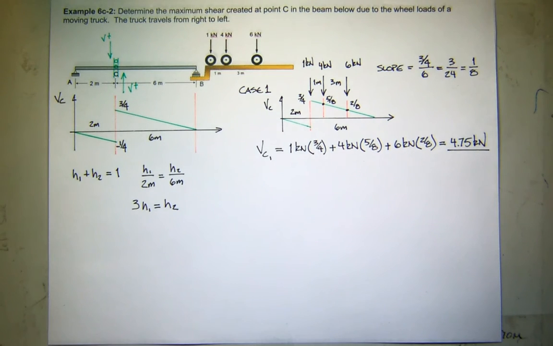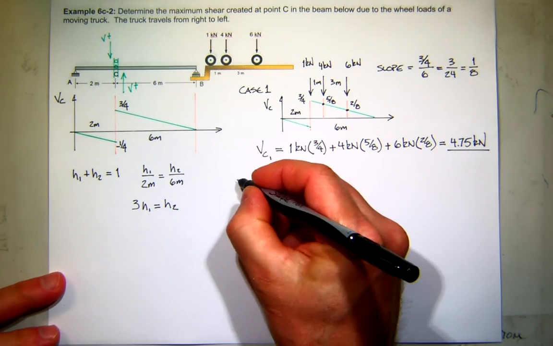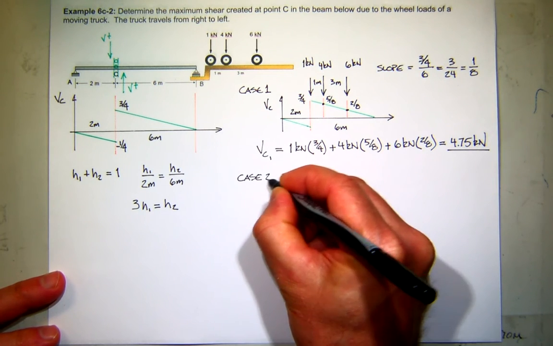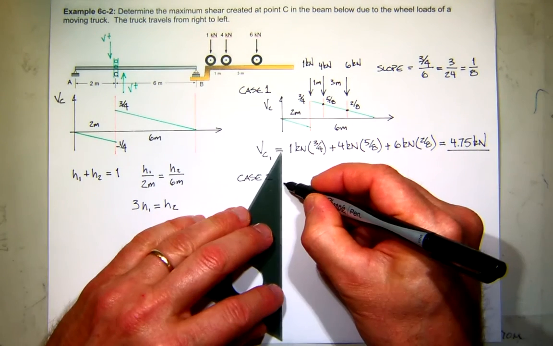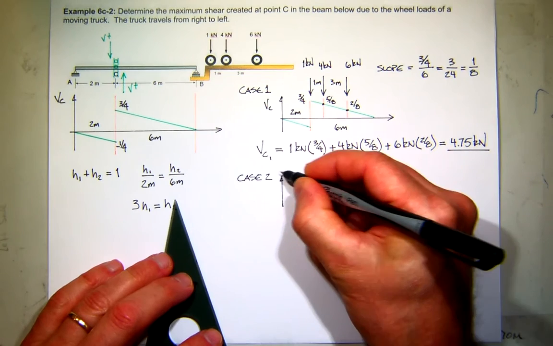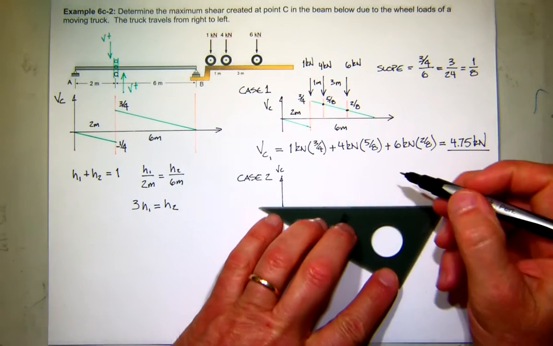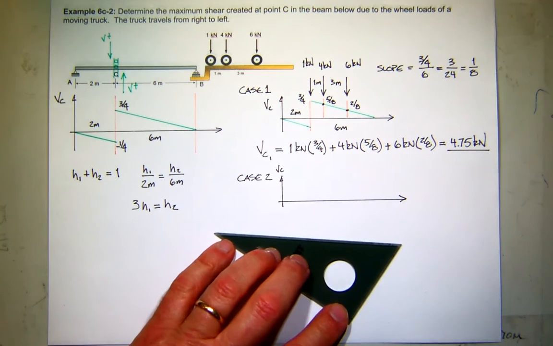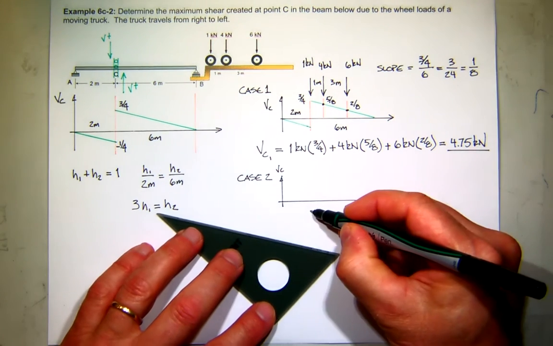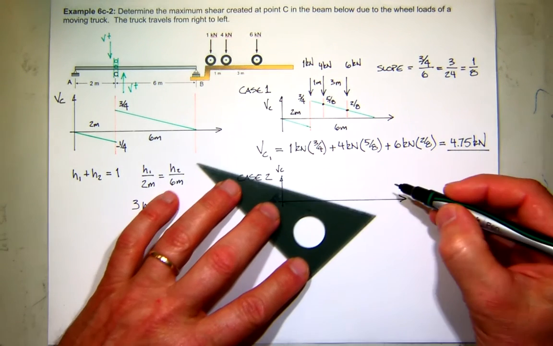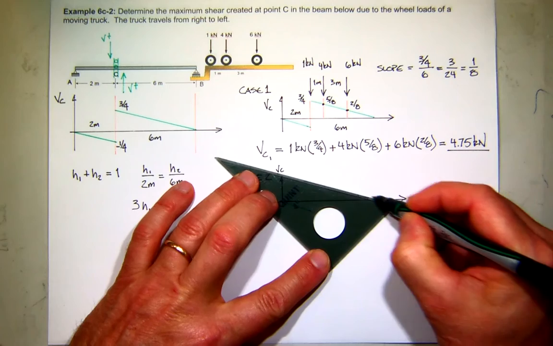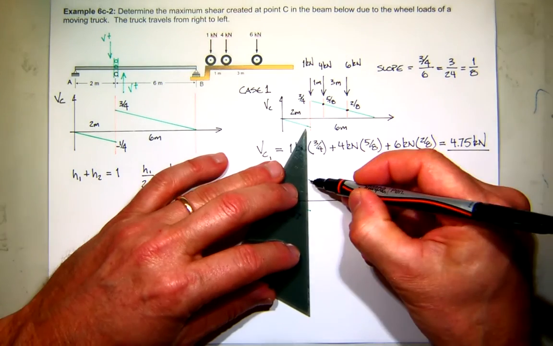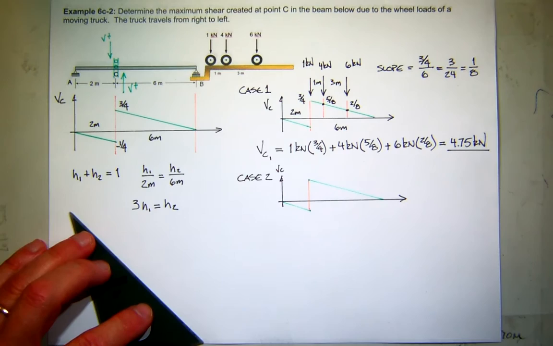So we just have to do it again. So case 2, I'll redraw my shear at C. There's the same influence line we had before.